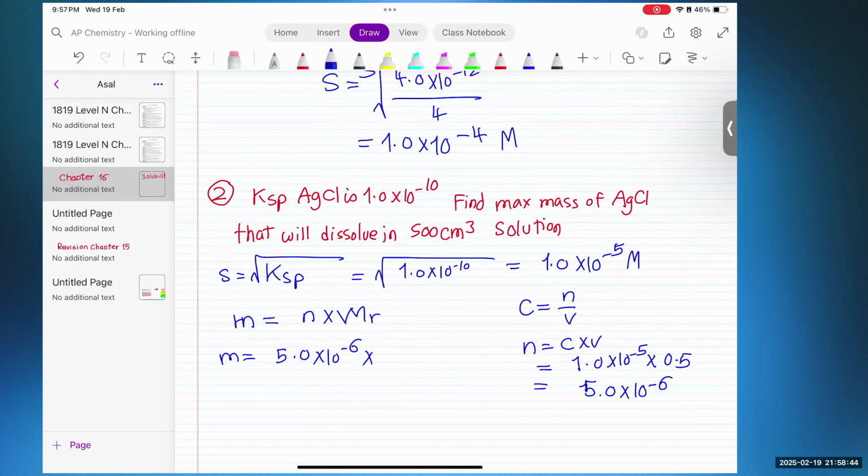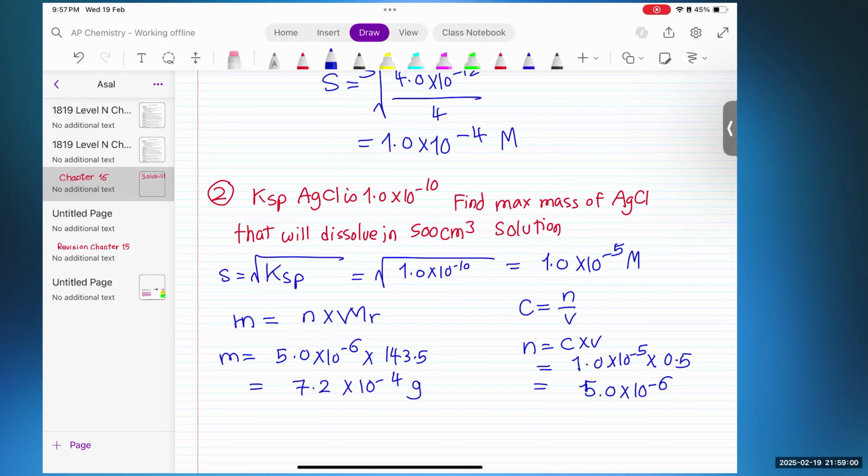What is the molar mass? It is 143.5. So the mass is 7.2 times 10 to the power of minus 4 grams.